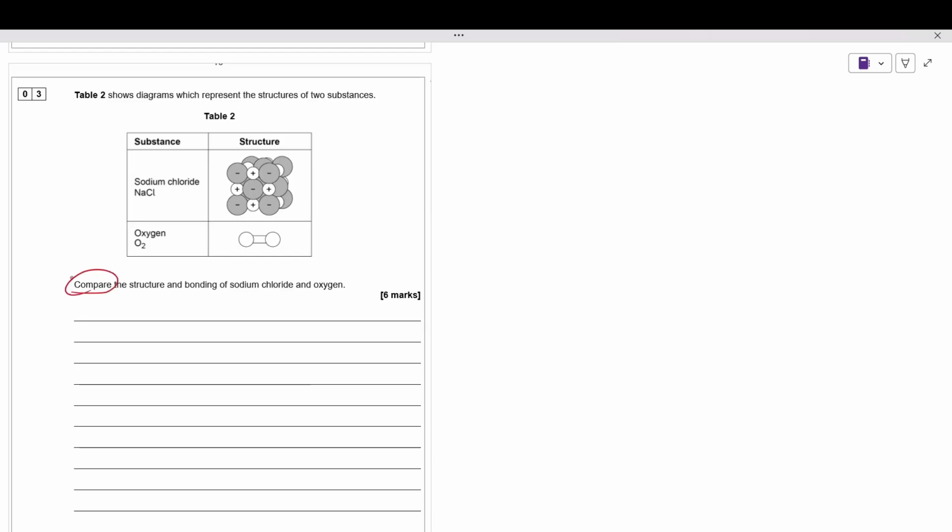So that compare similarities and differences. We're going to explore this in a bit of detail. I'm going to write it on this side over here so I have enough space. So let's start with our similarities.